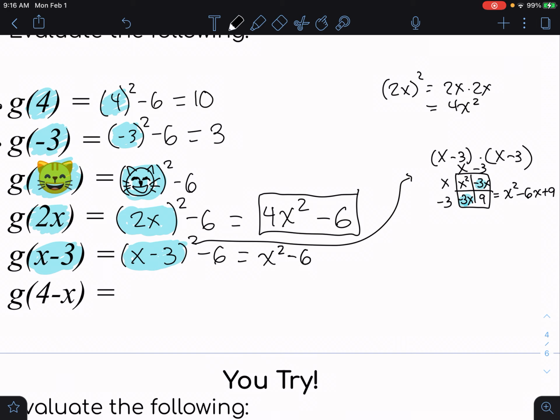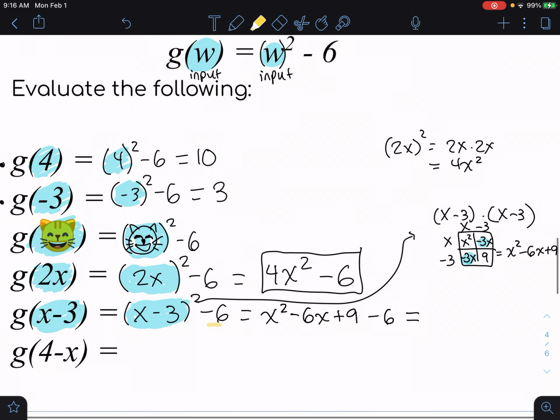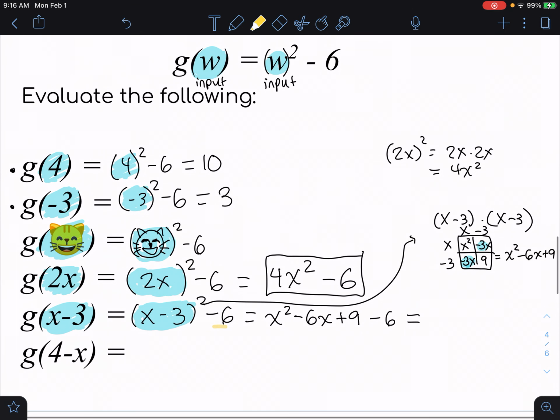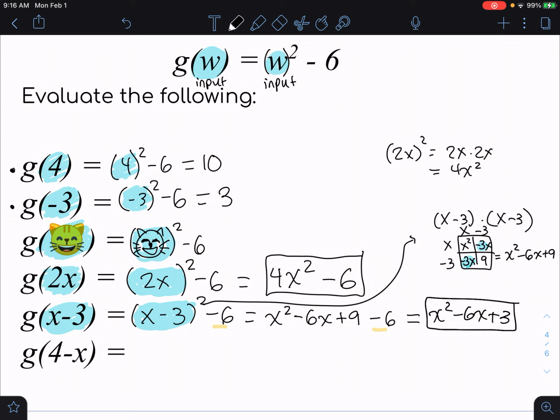So x squared minus 6x plus 9, and now we're going to subtract the 6, right? So we don't want to forget about this part, right? Every time we're doing this function, we're squaring the input and subtracting 6. And now I have some like terms here, right? A 9 minus 6, so I get x squared minus 6x plus 3. Okay?